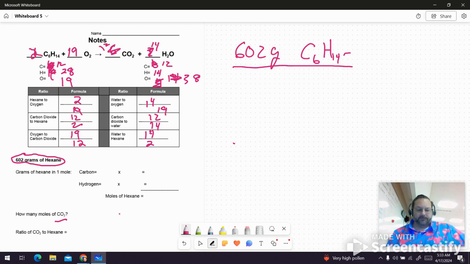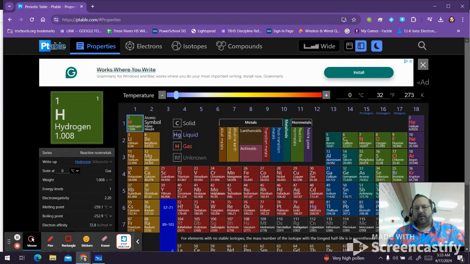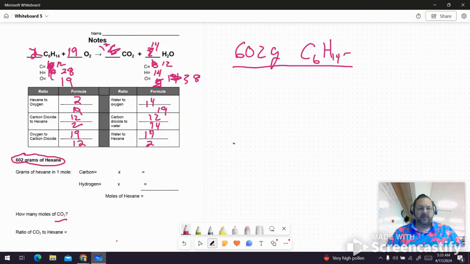So carbon, let's look back over here. We'll find the mass of carbon and the mass of hydrogen. Carbon is 12.011, so I'm going to say 12. Hydrogen over here is 1.008, so I'm going to say 1. So 12 and 1. Let's go back over here. Carbon is 12.